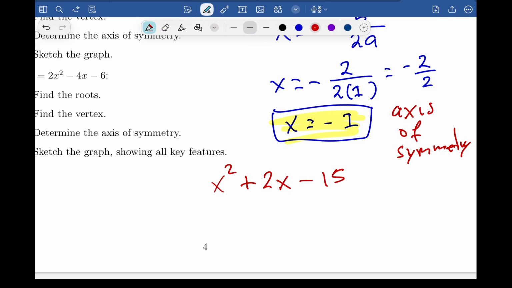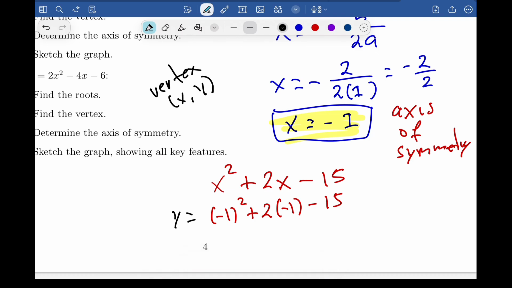We have negative 1 squared plus 2 times negative 1 minus 15. This is super important, the y coordinate of the vertex, because the vertex is a point. It has x and y. So by doing this, we are going to find the y coordinate. Here we have the x coordinate, and by using this, we can find the y coordinate.